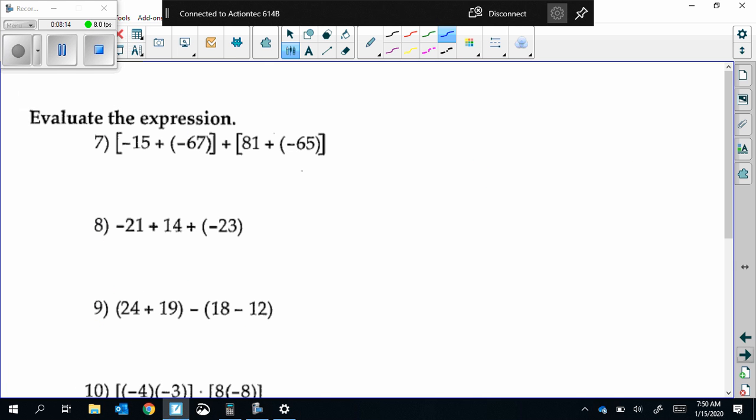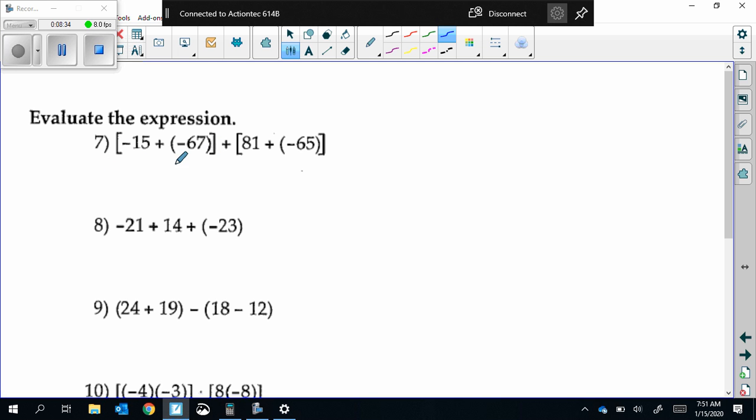All right, evaluate the expression. Remember, you do parentheses and brackets first. If you type this in exactly as it is, directly into your calculator, it'll work. Or you can just go through and do the orders that you know.